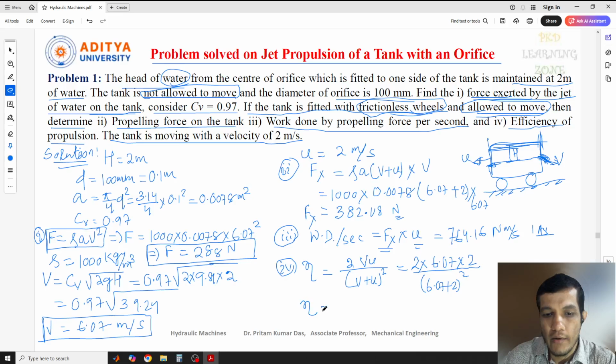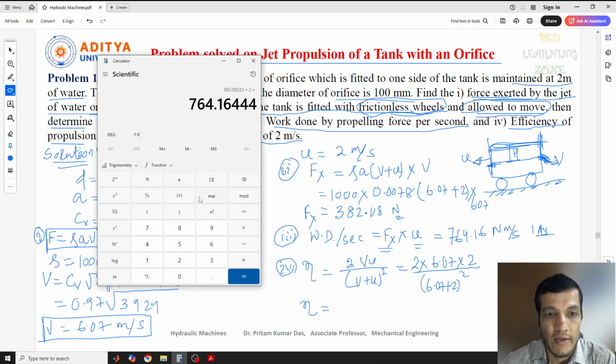So finally we get 4 into 6.07, that is 24.28, divided by 8.07 square, which equals 0.3728.